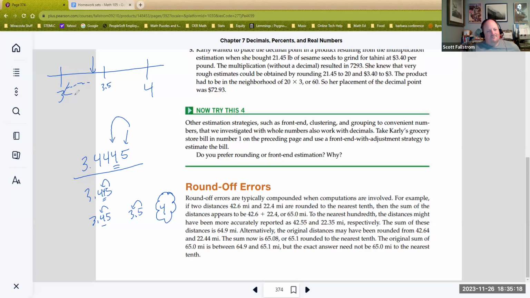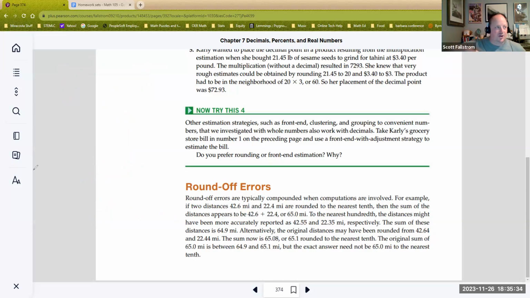But if I round and then take the rounded number and round again, take the rounded and round again, I create enough error that it actually makes it look like it'd be better to go that direction. So when you are rounding or computing and then rounding, you want to do all your computations and then round once. Do not round multiple times in a problem.